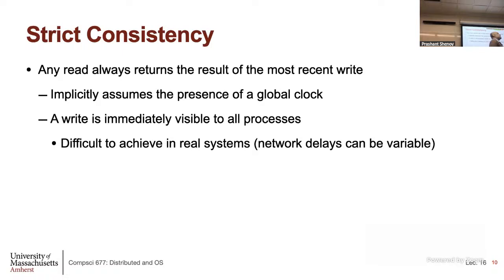So in some sense, this means you will never get any stale data. You are keeping all the replicas strictly consistent with one another. So anytime there's an update, all other replicas are immediately updated. So whenever any other application tries to read it, they always get the most recent version. They never get anything stale. Okay, it's called strict consistency.